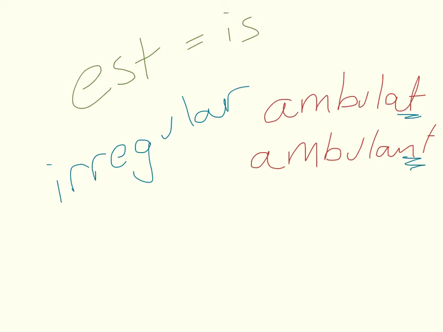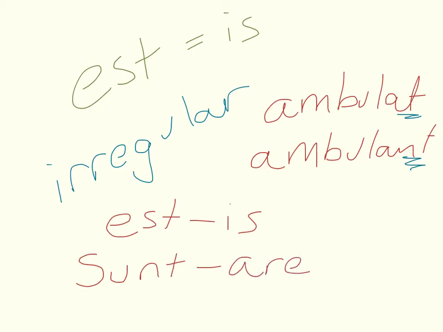With the verb est, you see a much bigger difference. Est is the singular, meaning he or she is. The plural is going to be sunt, which means they are. And in that it is a linking verb, which is the second subject of this video.